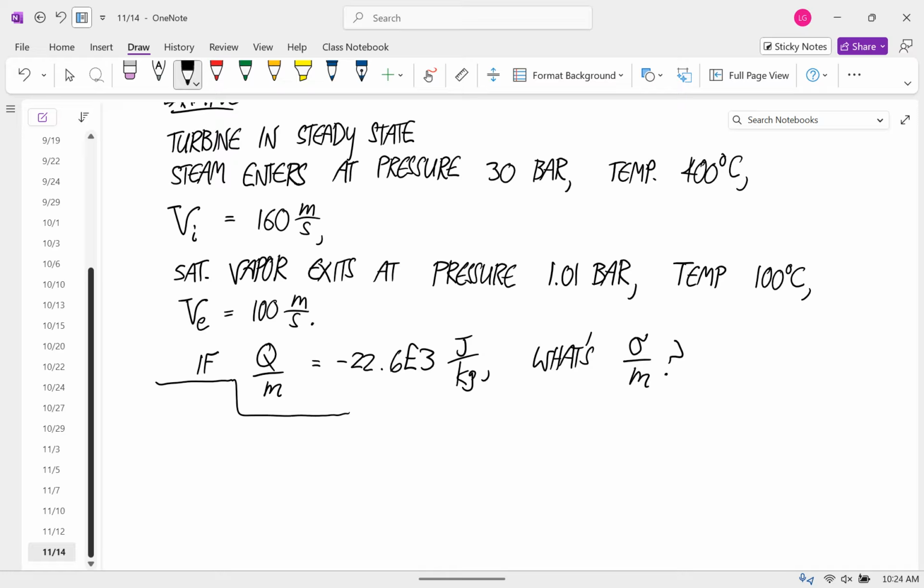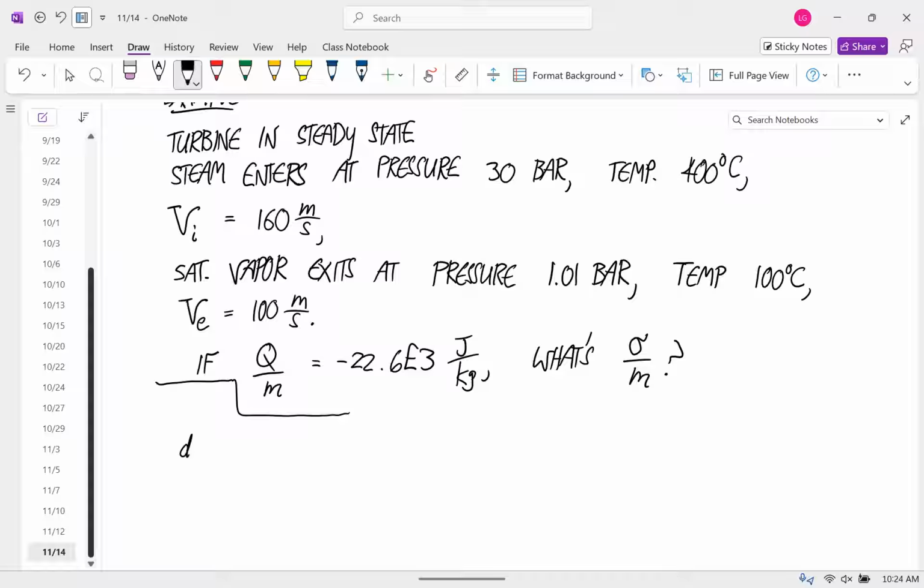Okay, so I'm going to just start out. It's really the same approach that you use for the first law for control volumes. Set up the full equation, make the cancellations you can because of the assumptions, and then we'll start looking for what we can fill in.